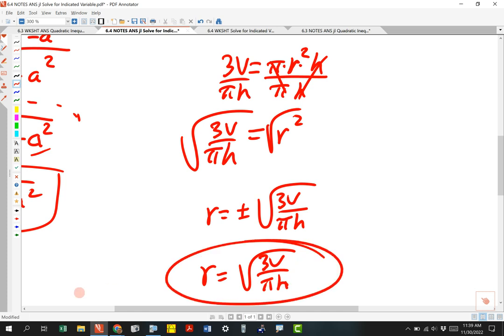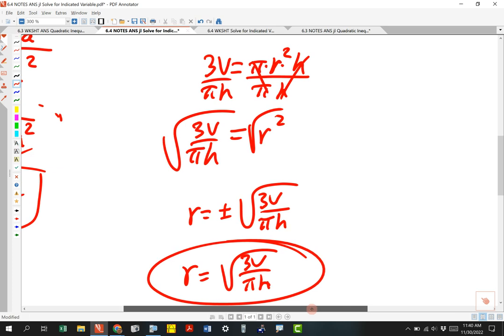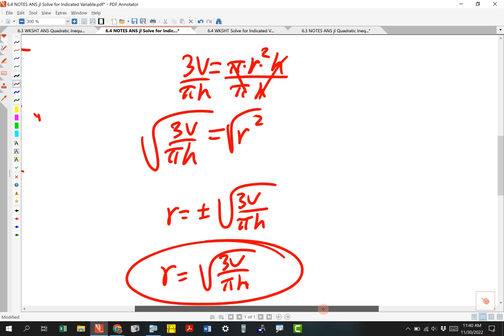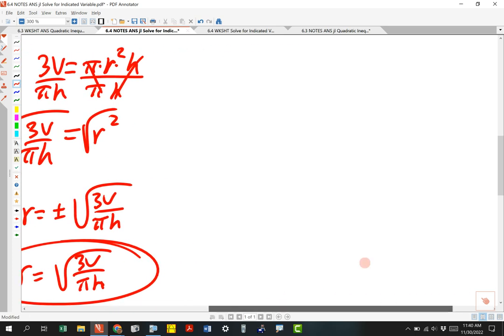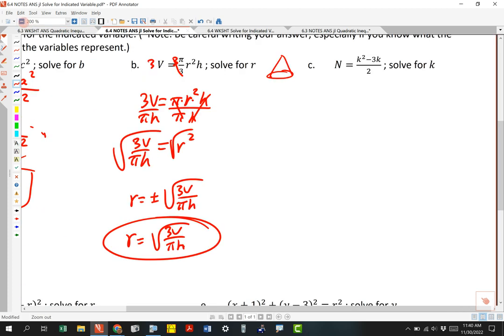Okay? Any questions? We good? Okay. Gets really interesting now. Wouldn't you want to get rid of the radical on the bottom? Not on this. It just said get the r by itself. Besides, if we get numbers, we'd probably just plug it in and have our calculator spit out the answer. Okay?